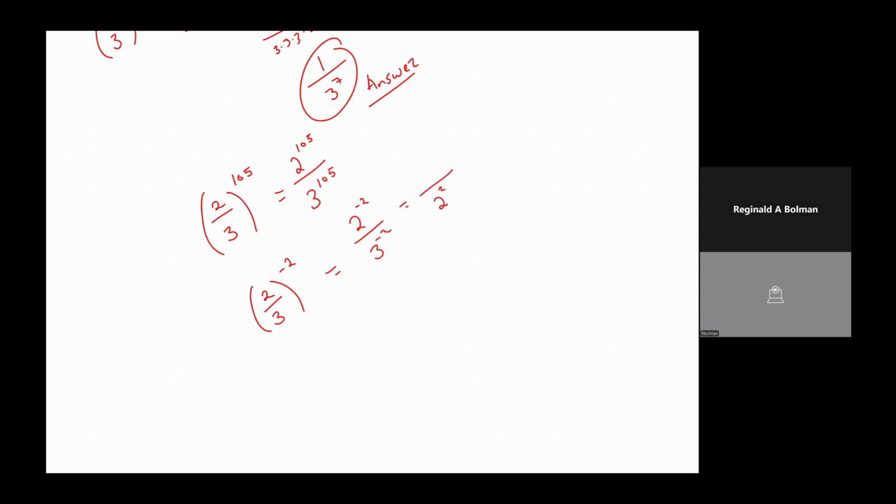It'll be 2 to the +2, and vice versa. Whenever you have a number in your denominator raised to a negative power, you can flip it into the top of your expression. So 3 to the -2 can be flipped into the numerator, and it would be 3 to the +2 power.